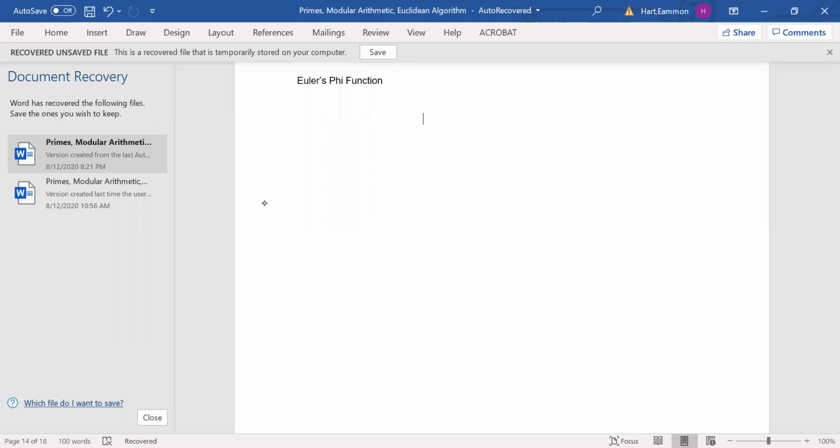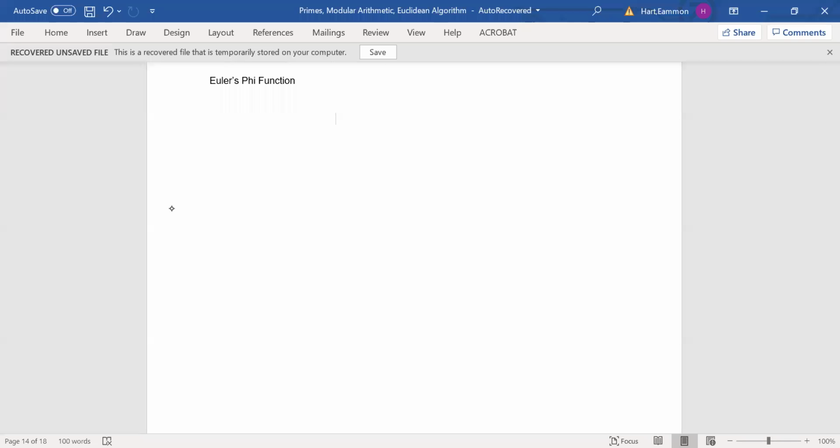Okay, so we are back to Euler. He comes up everywhere. And now he's coming up in number theory, and we're going to talk about the Euler phi function, or phi function.